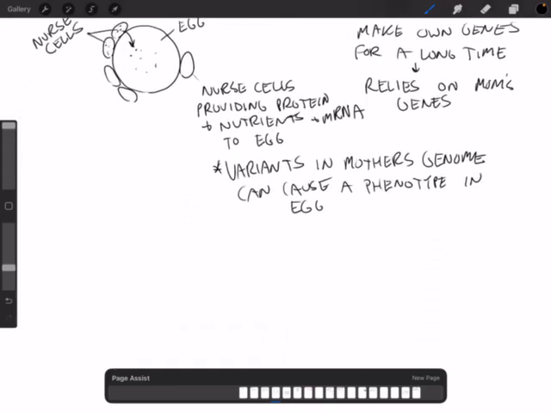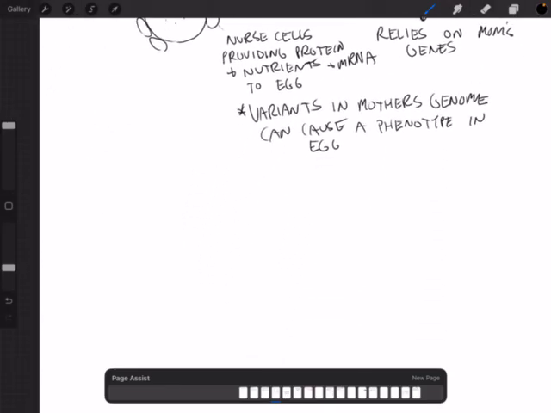So what that could look like is if we have an egg here, and we have a nurse cell. This will be a nurse cell. This will be an egg. Okay, and let's say we have a genotype of 2 dominant D alleles. The nurse cell is going to put those gene products that have dominant D alleles into the egg.